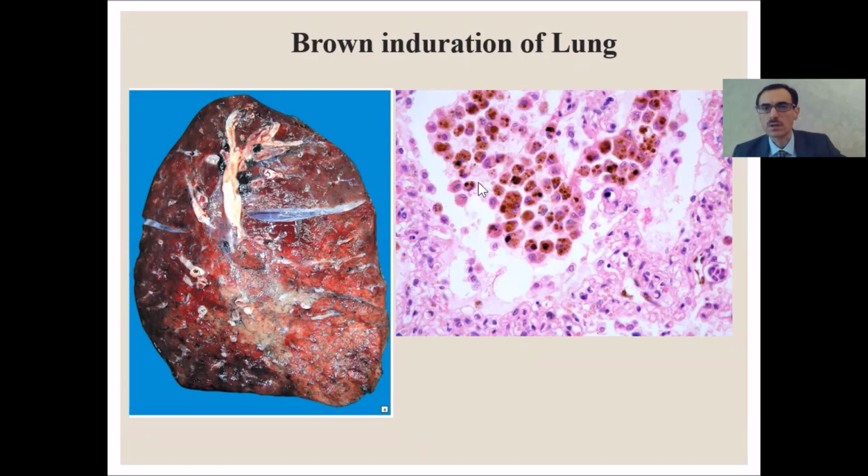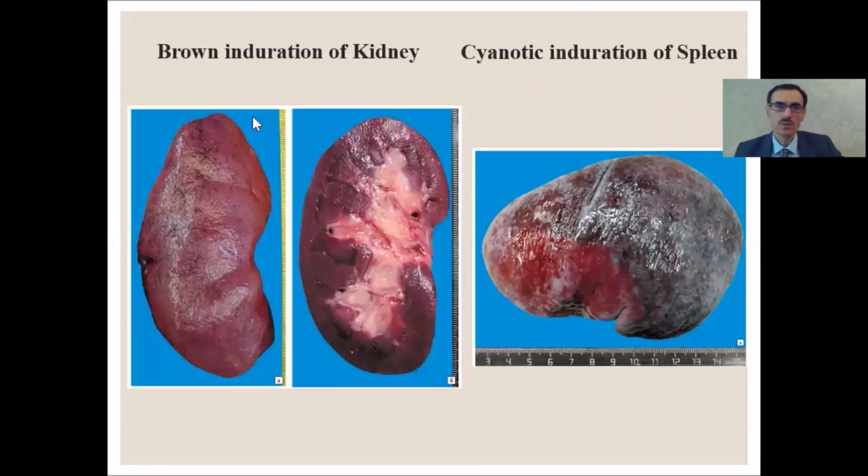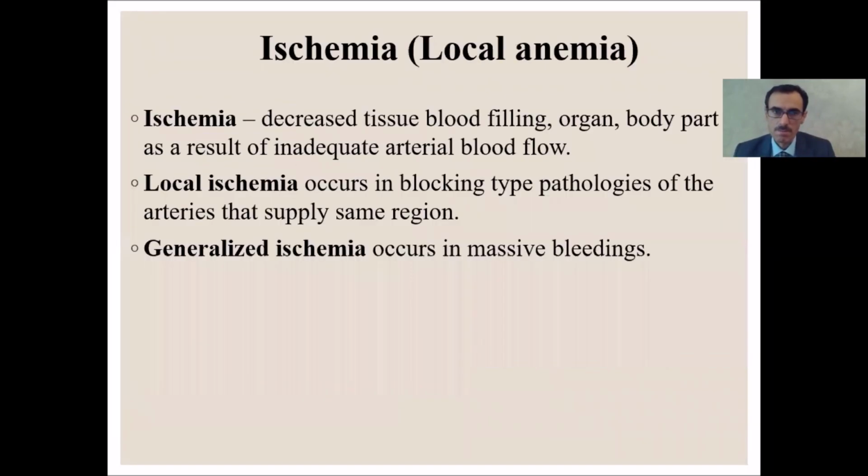So we call it brown induration, or brown induration of the kidneys. Also here the result is diapedesic hemorrhage, but in the spleen we call it cyanotic induration, because here diapedesic hemorrhage does not appear, but the color becomes cyanotic, bluish.